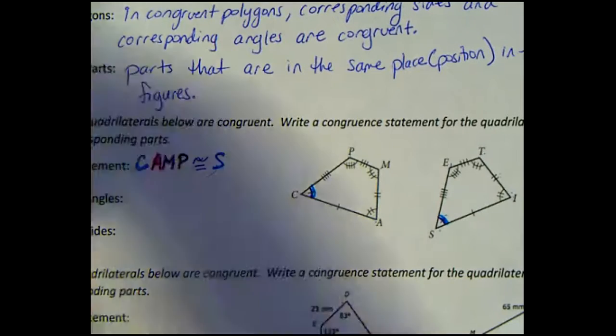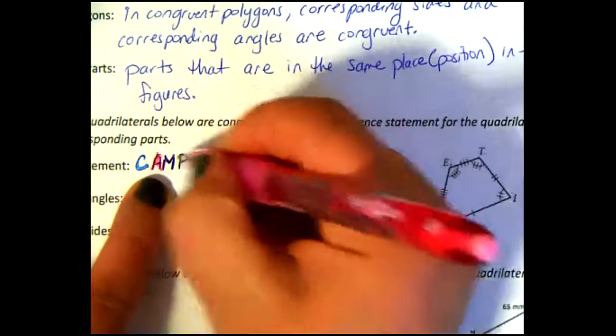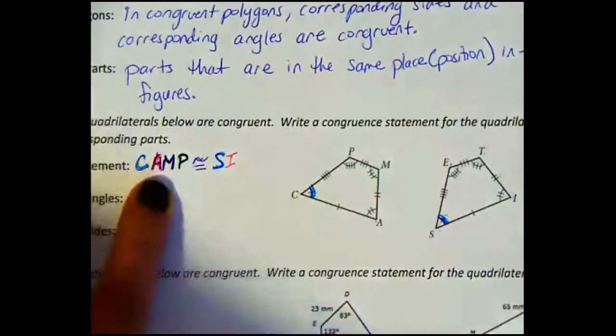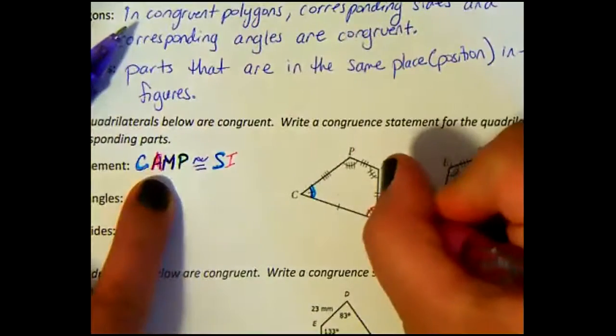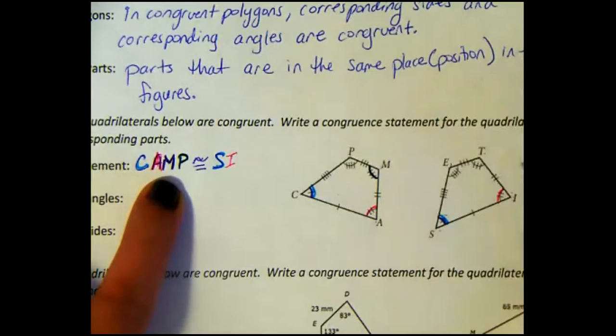Now, the angle here that's congruent and corresponding to angle A is I. So since A is second, I will be second. The angle here, pink and pink there, that is congruent and corresponding to M is T. So I'll have T there.